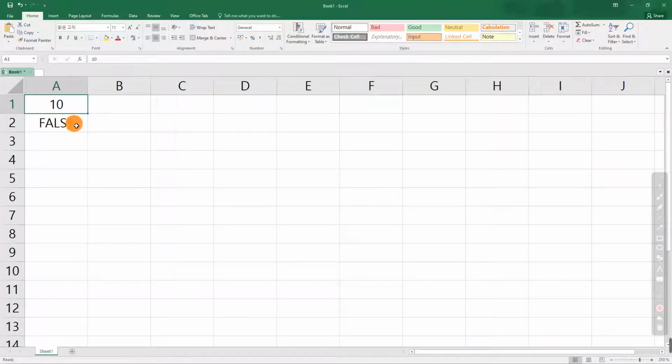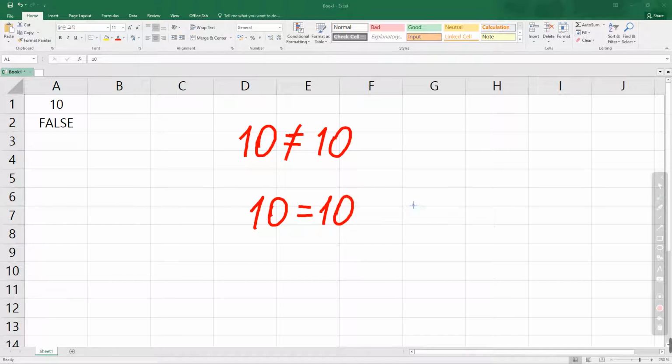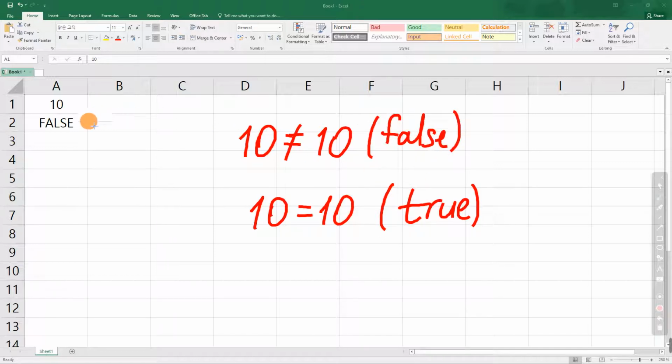Okay, so 10 is not equal to 10. So what kind of statement is it? To understand it, first of all, let's consider 10 is equal to 10. 10 is equal to 10 is true, right? 10 is not equal to 10 is obviously false. That's why we have a false value here.